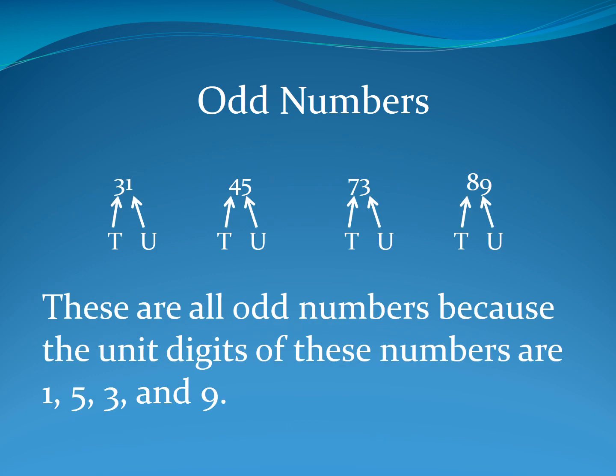Here are a few more examples of odd numbers. 31 has 1 in the units column, 45 has 5 in the units column, 73 has 3 in the units column, 89 has 9 in the units column. These are all odd numbers because the unit digits of these numbers are 1, 5, 3, and 9.